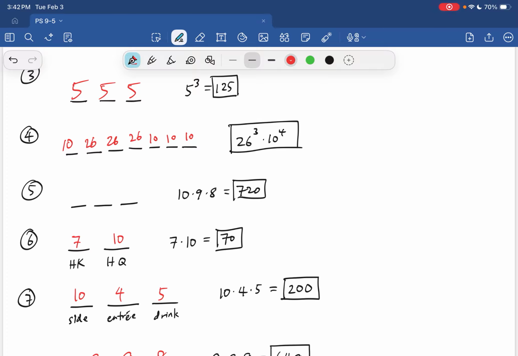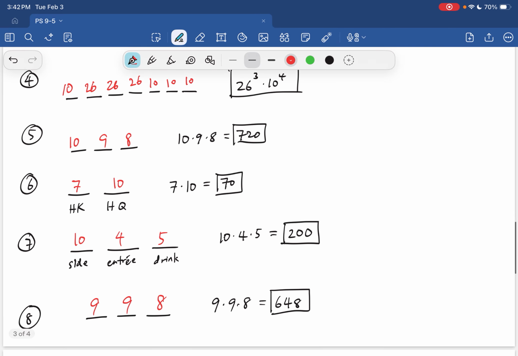So if I start with my number 1 spot, I'm going to have 10 choices. I can choose any one of my 10 books to rank as number 1. But once I've chosen that, I'm only going to have 9 choices remaining for my number 2 book. And then once I've chosen 1 and 2, I'm only going to have 8 choices remaining for the third one. And so that's why the answer is 720.